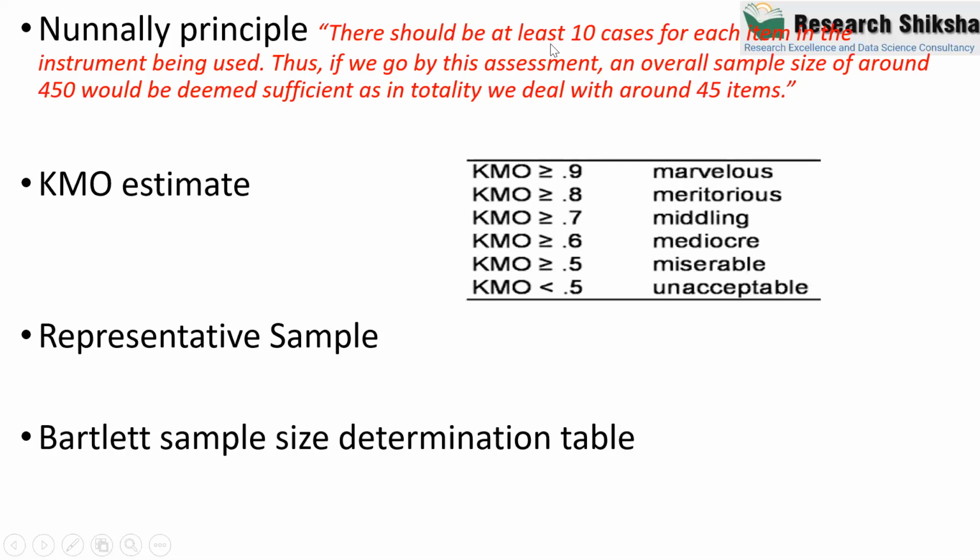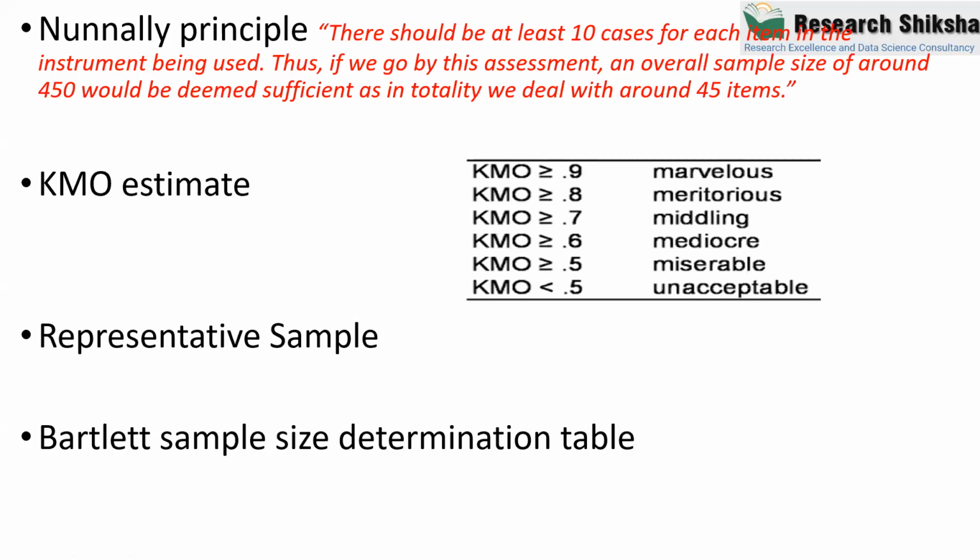There should be at least 10 cases for each item in the instrument being used. Thus, by this assessment, an overall sample size of around 450 would be deemed sufficient, as in totality we deal with around 45 items.